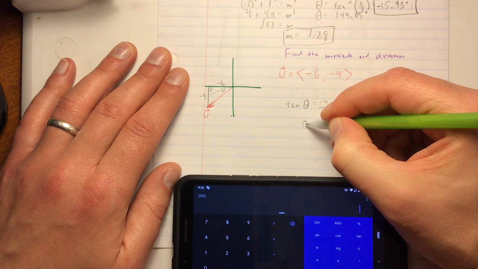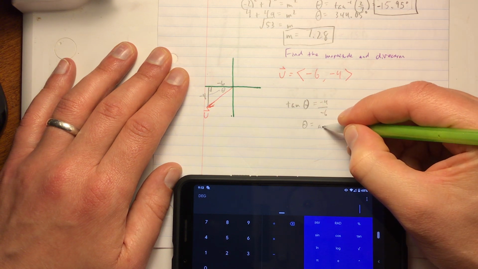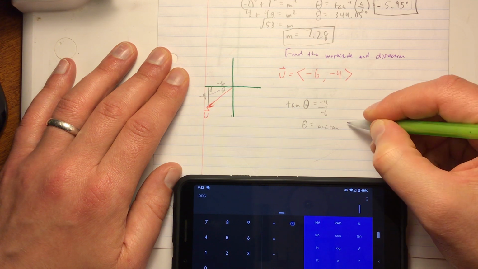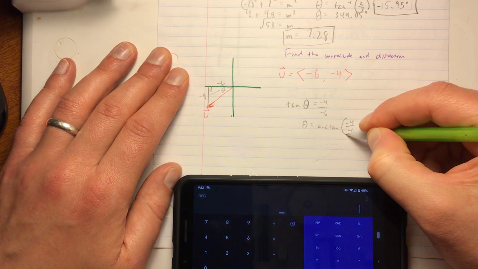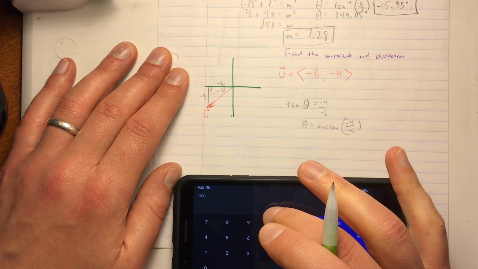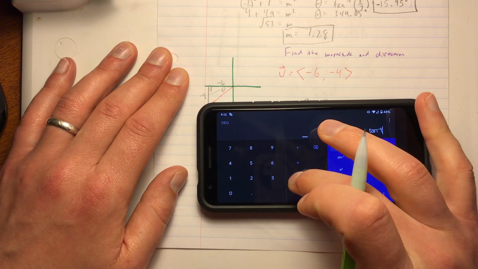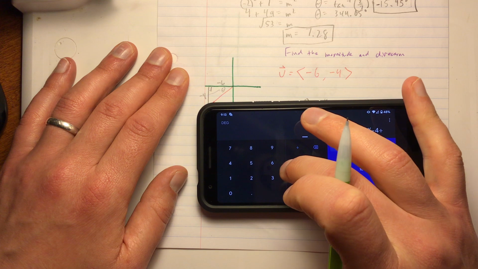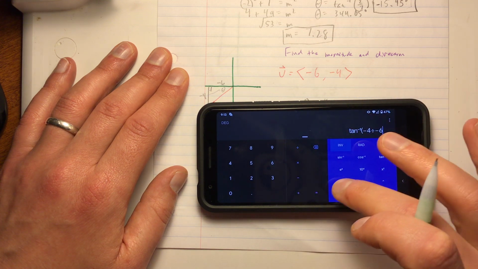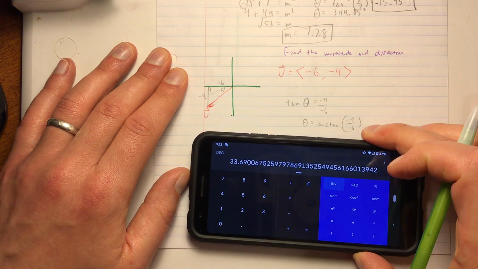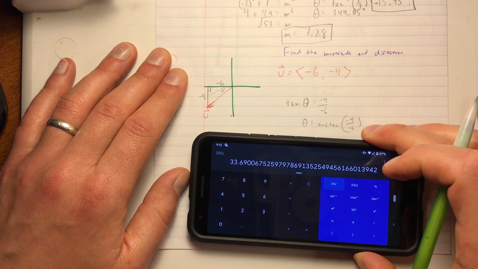So the arctangent of -4 over -6. Arctangent of -4 divided by -6. Hit enter. 33.69 degrees.